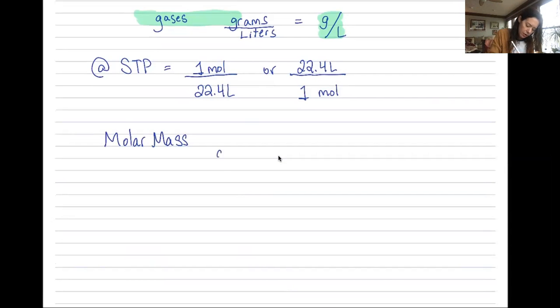So when you're asked to solve for the molar mass, you need to take the grams of the substance and divide it by the moles of the substance. And that will be your molar mass.